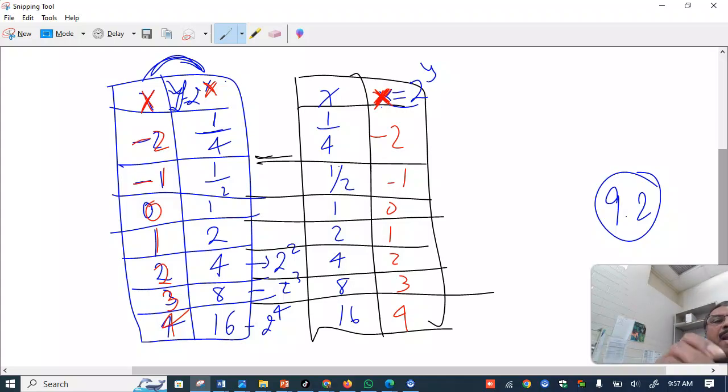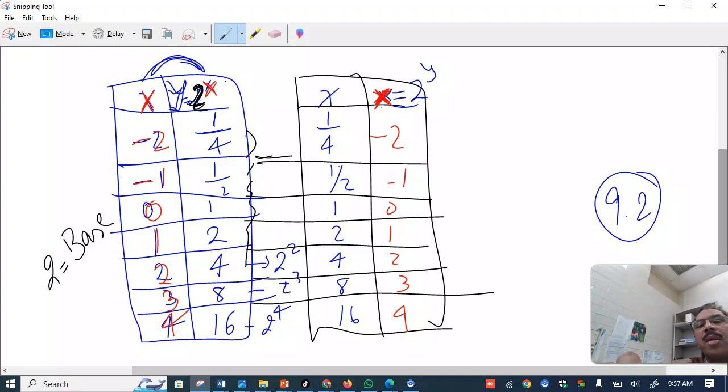Let me use the black color for this one. The black color 2 is the base. The base used is 2. That's the important concept there. It's because of the base 2 that you end up getting the output 1/4 and all these numbers.